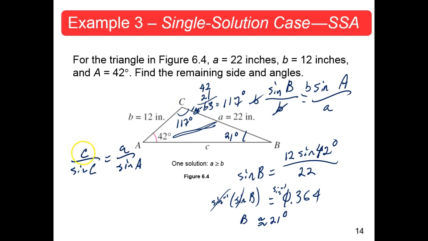Okay? So little c is what we're looking for. And what would you do to that to solve for c? Multiply both sides by sine capital C. Okay, so these go out.